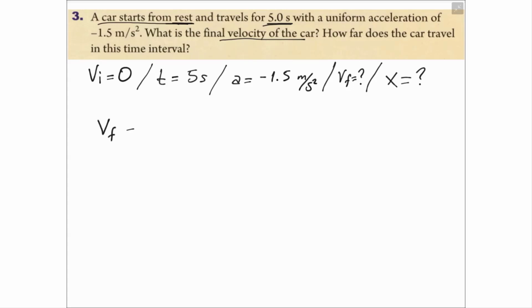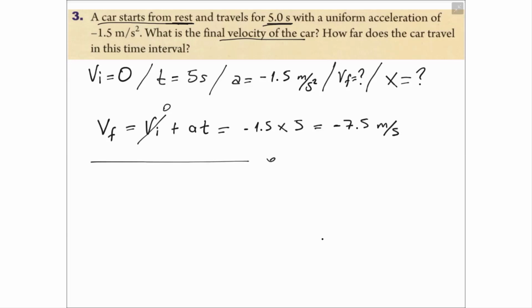Final velocity formula is equal to v initial plus a multiplied by the time. So initial velocity is 0, so this will be 0. Acceleration is negative 1.5 multiplied by the time, which is 5. So it's gonna be negative 7.5 meter per second. And then it's asking what is the x. And the formula of the x is v initial times t plus half a t squared.